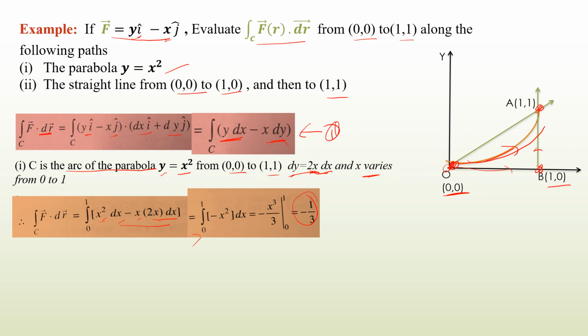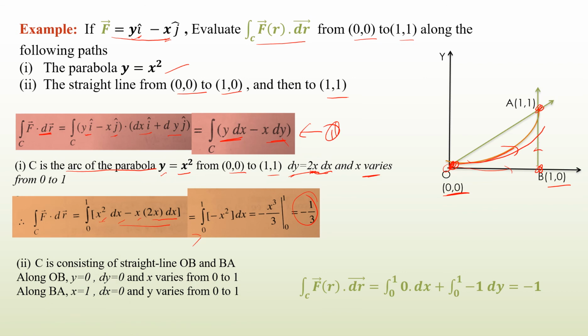And similarly for the second part, here C consists of straight lines, that's OB and BA. So when we take the integration along OB, here y is equal to 0, so dy is equal to 0, and x varies from 0 to 1.